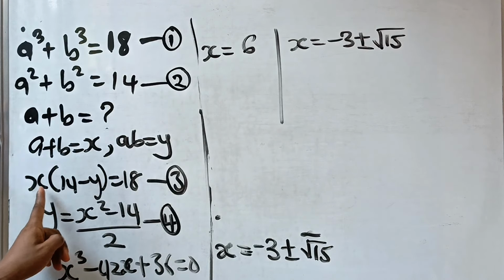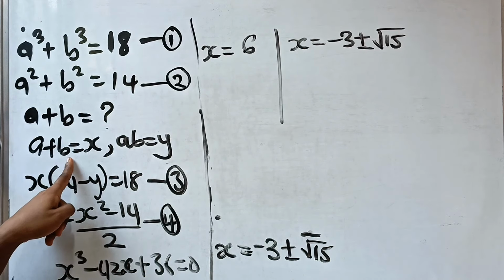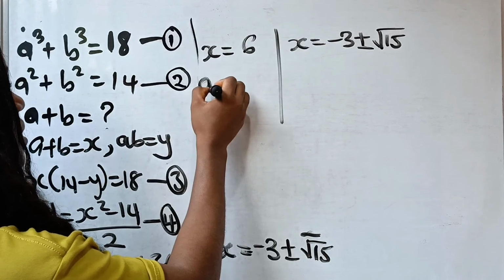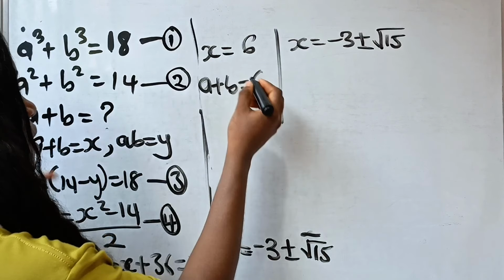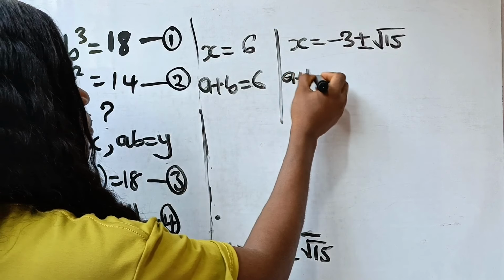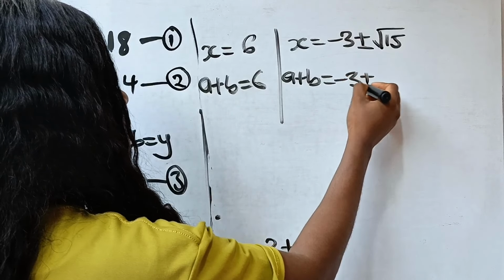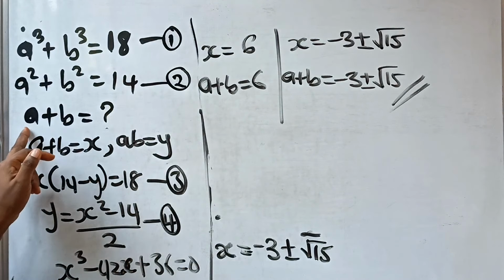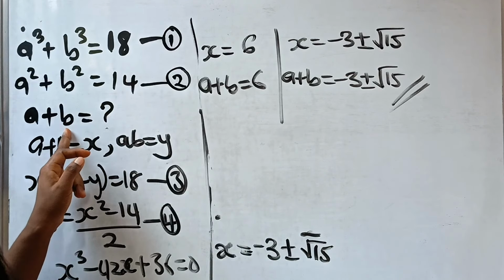Therefore, recall that we said let x be equal to a plus b. So a plus b is equal to 6, and a plus b is equal to minus 3 plus or minus root 15. And this is what we are asked to find. We are asked to find the values of a plus b.